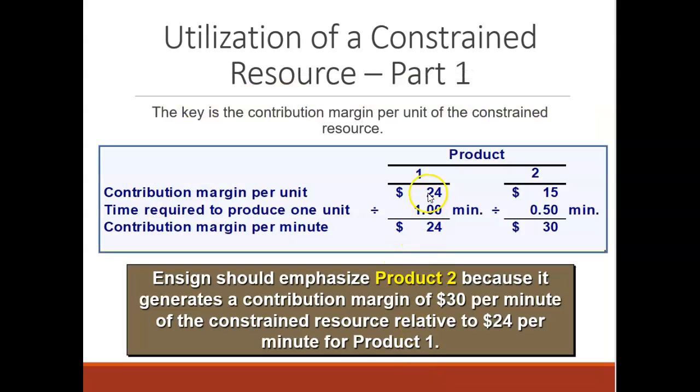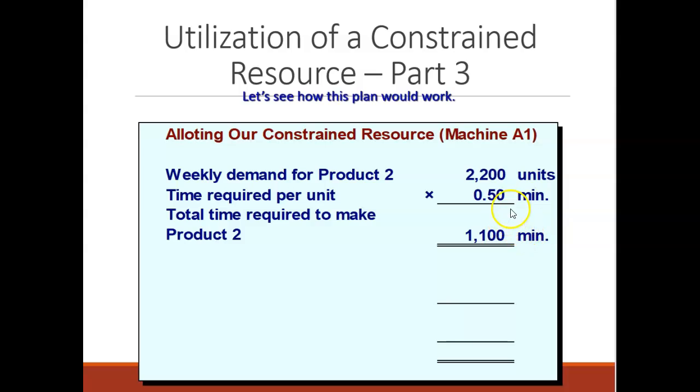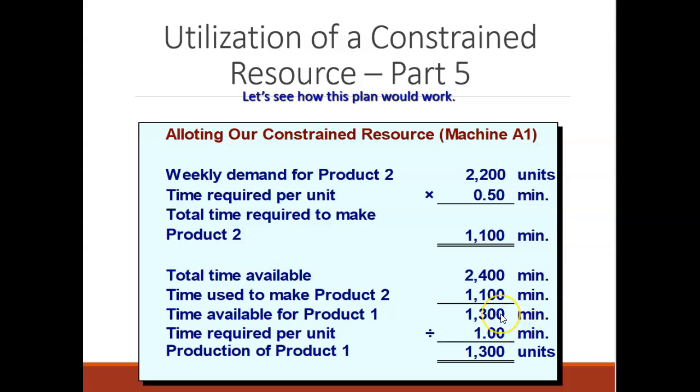So here's what we're going to do. We're going to make the product 2s. And then once we're finished making all the product 2s, whatever we have left, we'll use to make the remainder of product 1. So here's the weekly demand. Takes half a minute. We're going to use 1,100 minutes. So we have 1,300 minutes available left to make product 1.